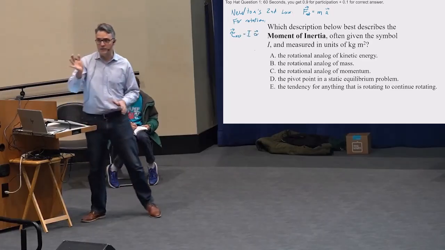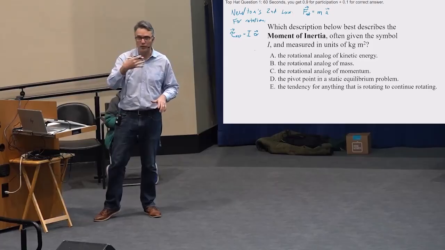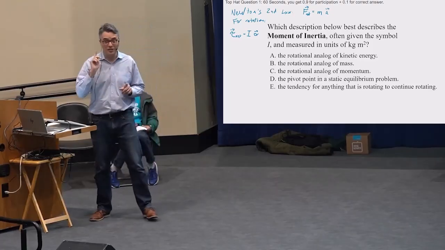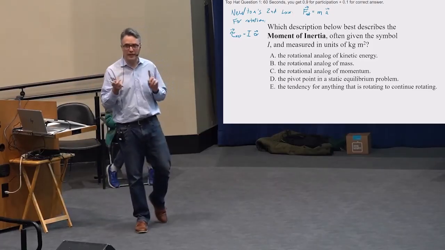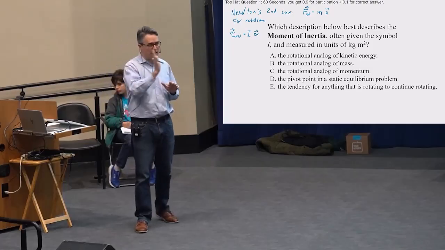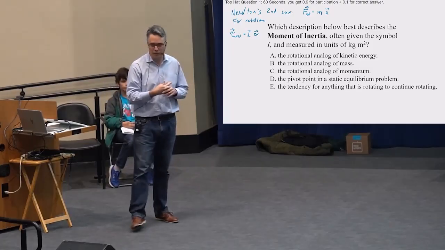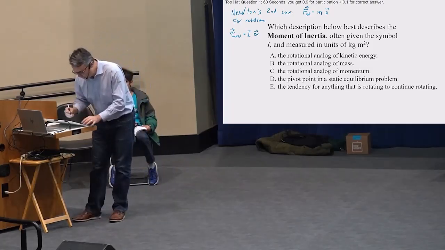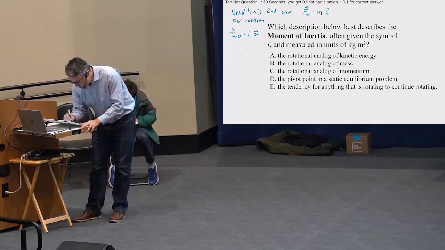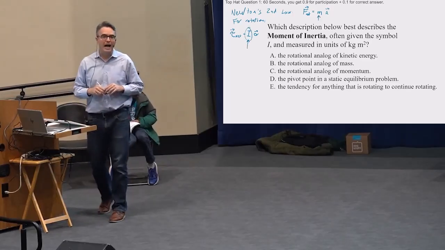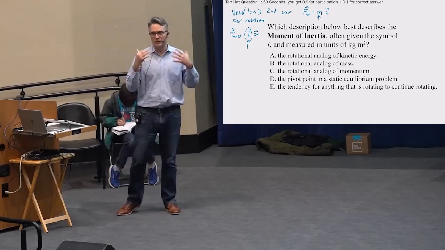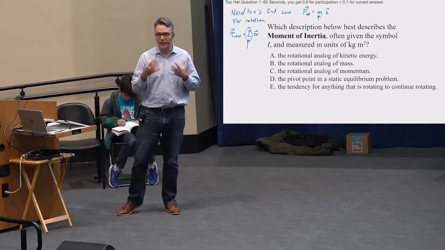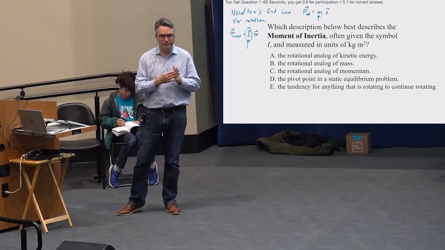So alpha is a vector which can be counterclockwise or clockwise. Same with torque. We're going to actually talk about the vector nature of torque and alpha and omega. You can define a new vector which is perpendicular to the plane of rotation using a new right-hand rule. So the I here is the analogy of mass.